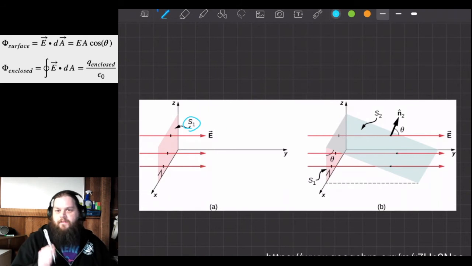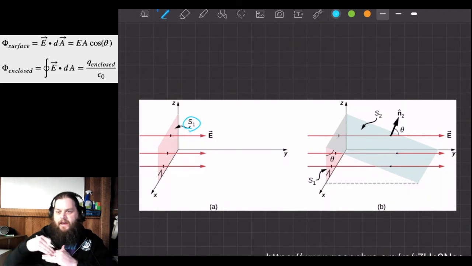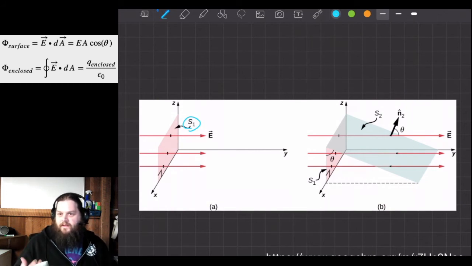Specifically, the flux for the surface is equal to the electric field dotted with the area. In this case, E times A cosine of theta, where theta is the angle between the electric field vector and the normal vector coming out of that area. In this case, that angle is 0. So we can simply calculate the magnitude of the electric field times the area, and it gives us the flux, because there's no angle difference between them.